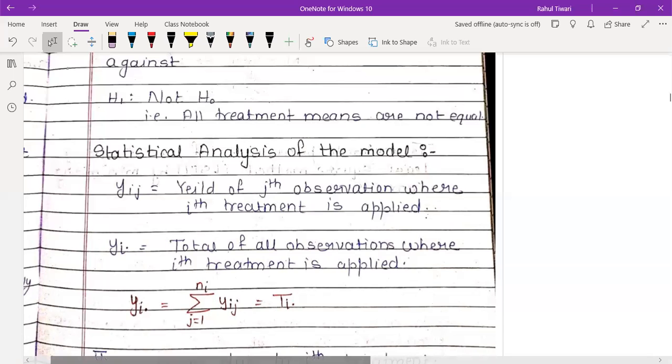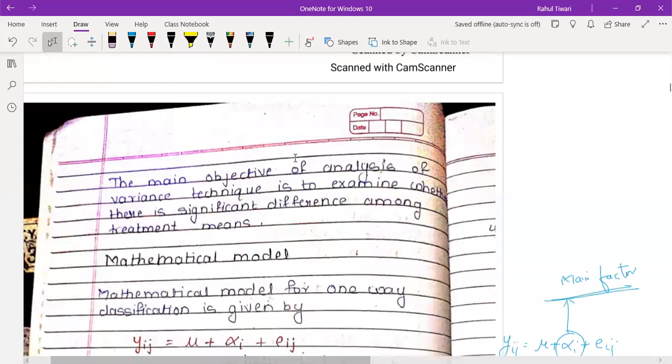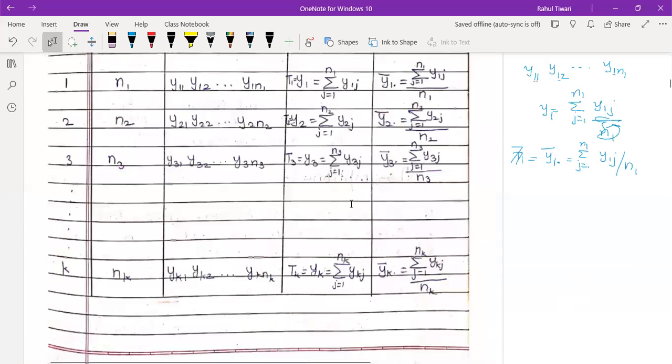Now, if you look at the above table, maybe they have not written it properly here.